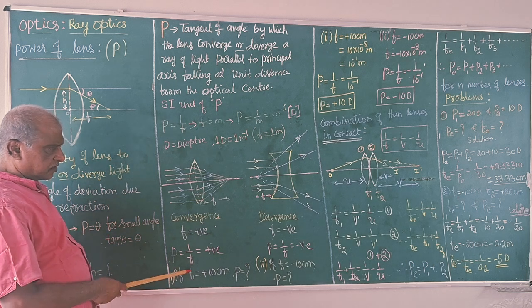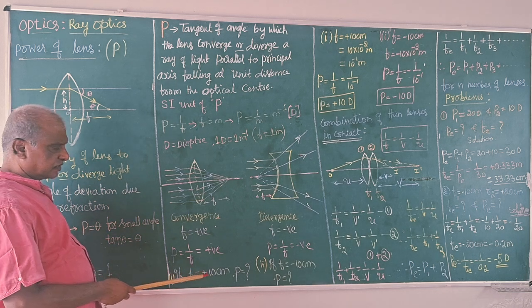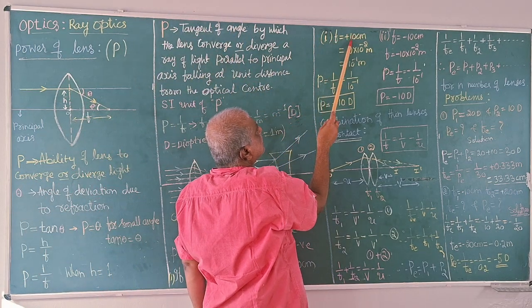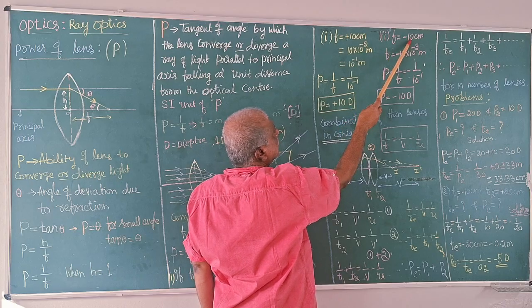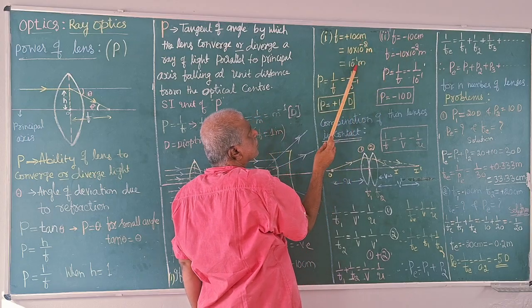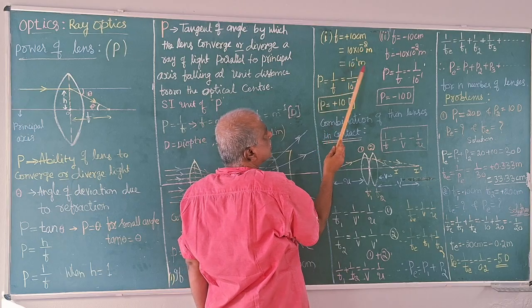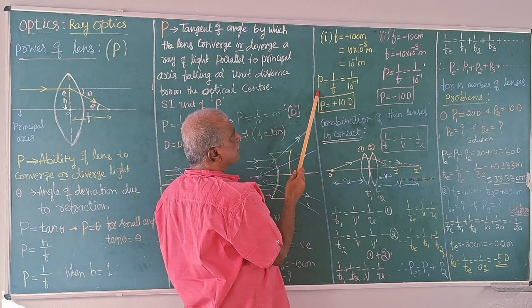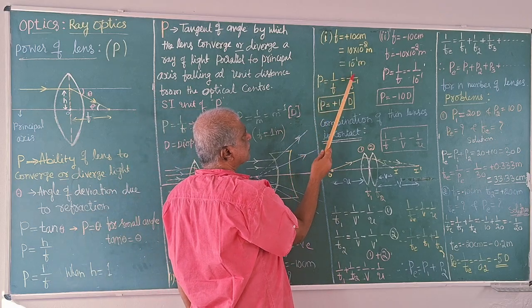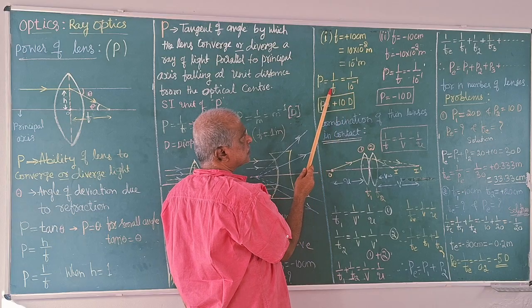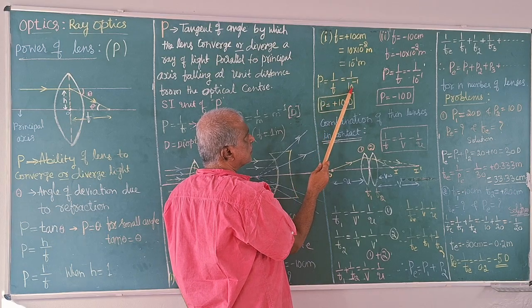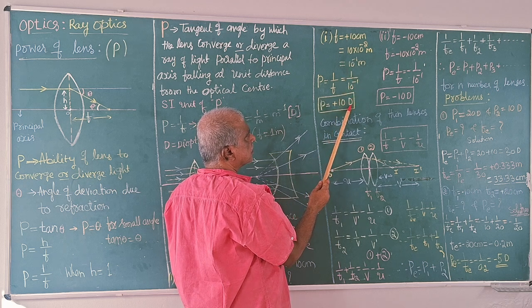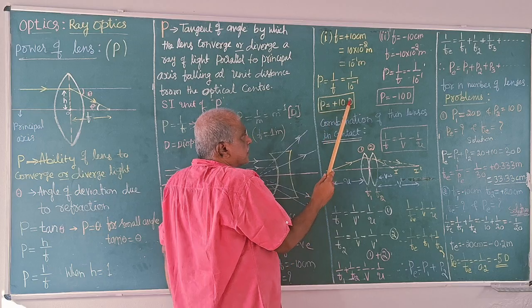Here are simple calculations for the calculation of P using the f value. Here f equals plus 10 centimeter, f equals minus 10 centimeter. Converting to meter, 10 to the power minus 2, it becomes 10 to the power minus 1 meter. Calculate P. Here 1 by f is a positive value, so P becomes plus 10 D, D for diopter.